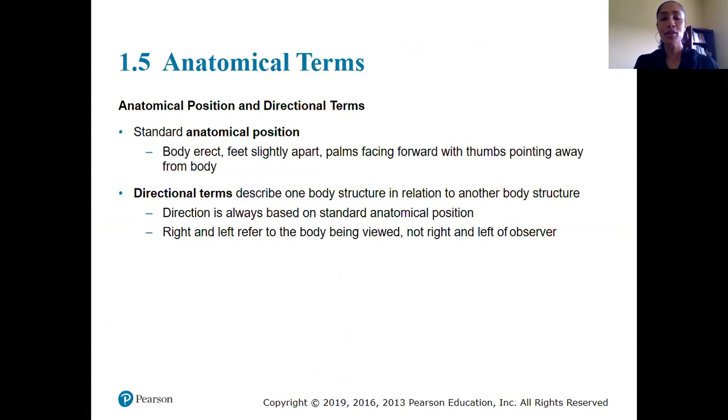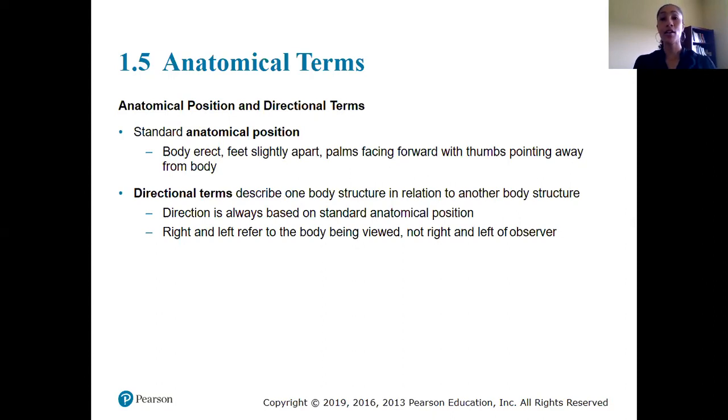So anatomical terminology, like we talked about in the beginning of this chapter, the reason why we even have this discipline is so that when we are communicating in the health field, we're understanding what we're talking about and we're speaking the same language. So anytime you are referencing the body, position of the body and things like that, you want to always reference the body in the anatomical position.